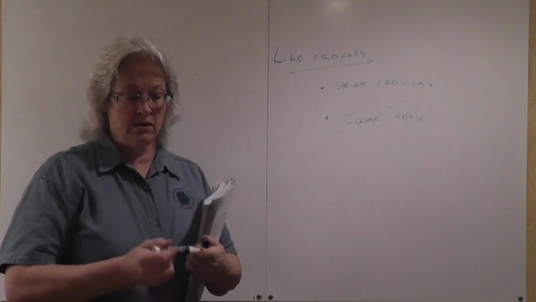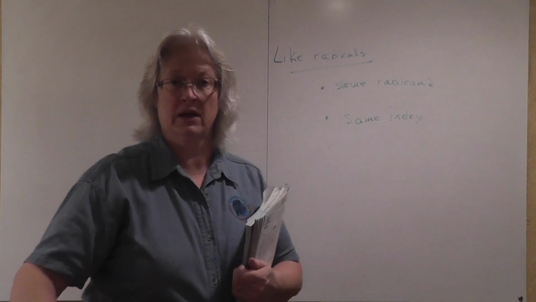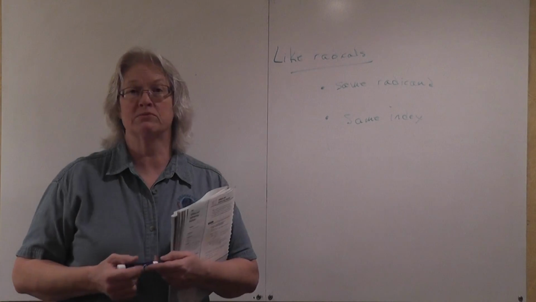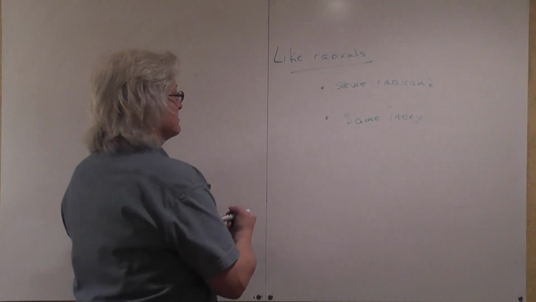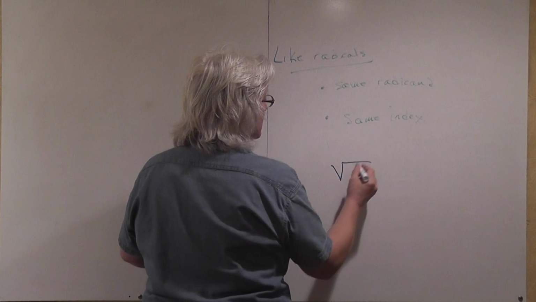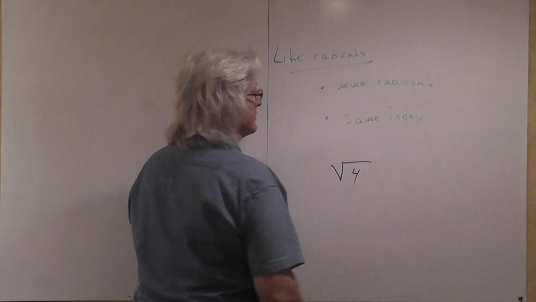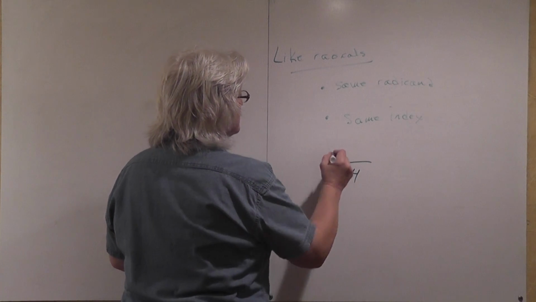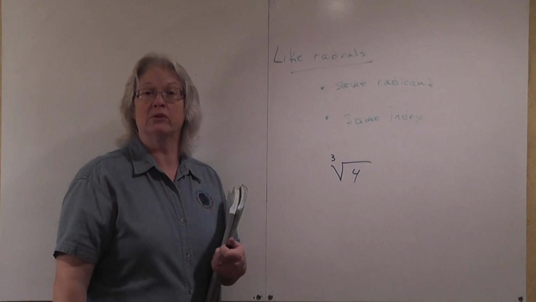And already you are thinking, okay, I still didn't get my vocabulary memorized. What in the world is radicand and what in the world is the index? Remember that the radicand is what is underneath the radical symbol. The index indicates which root you're taking.